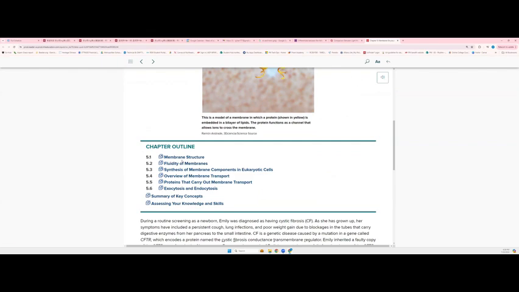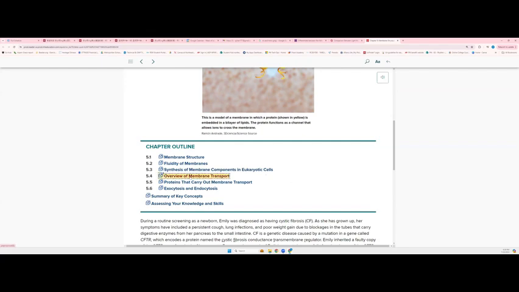So the membrane structure is flexible. How to synthesize, like what kind of components are within the membrane, and how to synthesize them in eukaryotic cells.